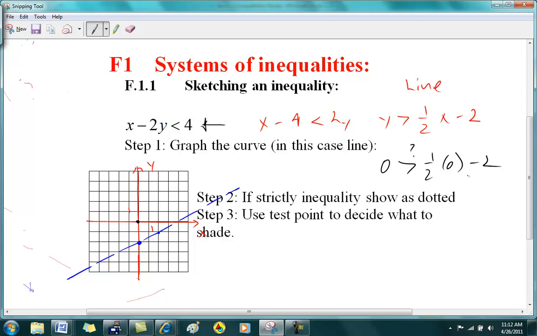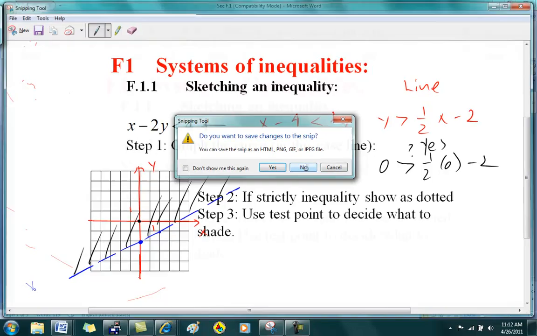And the answer is yes, which means that the test point you selected is in the shaded part. So you're going to shade like that. This is how you do a simple inequality, meaning that there's only one inequality. Later on, we're going to look at things where there are multiple inequalities and we need to graph that.